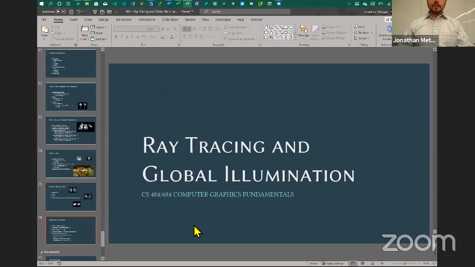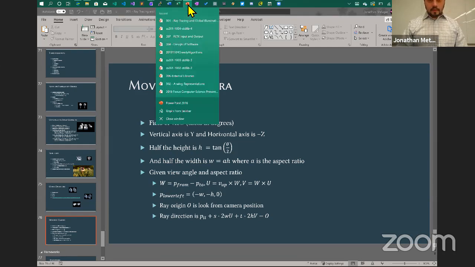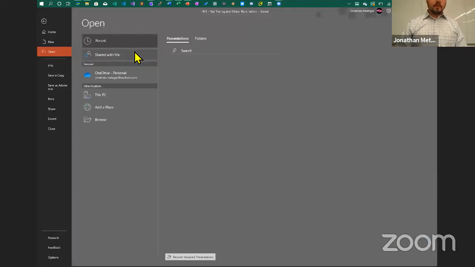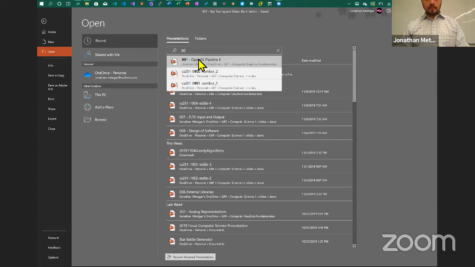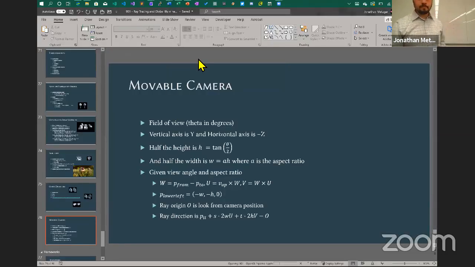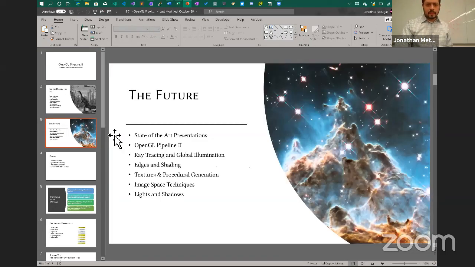Okay, so let's, just as a way of, I have to go back to one of the previous 801. All right, so kind of like where we are, where we're going. We've talked about ray tracing and global illumination.